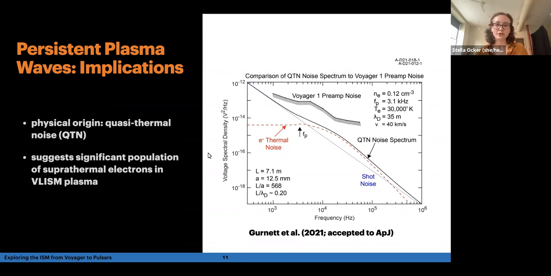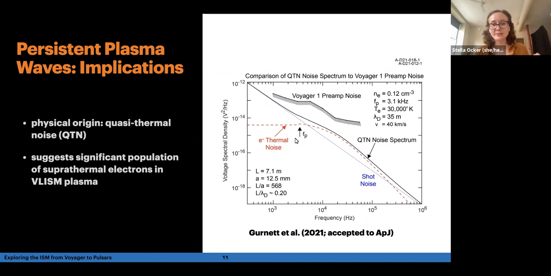And so for typical assumptions of the plasma parameters, it would normally appear that Voyager I should be unable to detect quasi-thermal noise. So in this plot on the right, we have the quasi-thermal noise spectrum that is expected for typical assumptions for the plasma parameters in the very local ISM and the size of the Voyager I antenna.